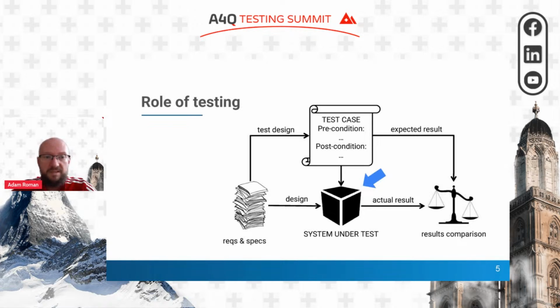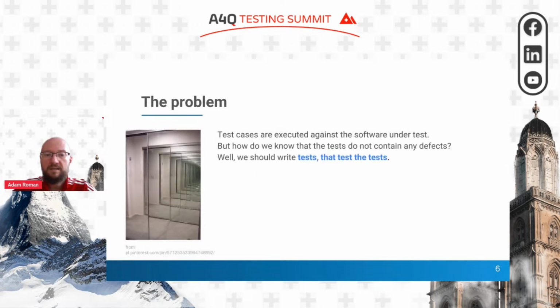A test script is also a piece of code, so it can contain defects just as the system under test can. So in order to be accurate about all this, we should test not only the system under test, but also the tests which we use to test the system.